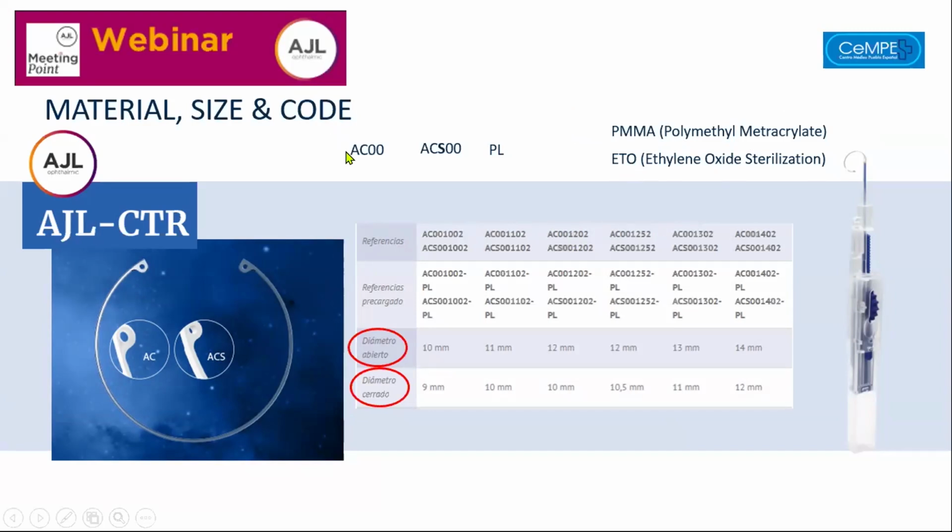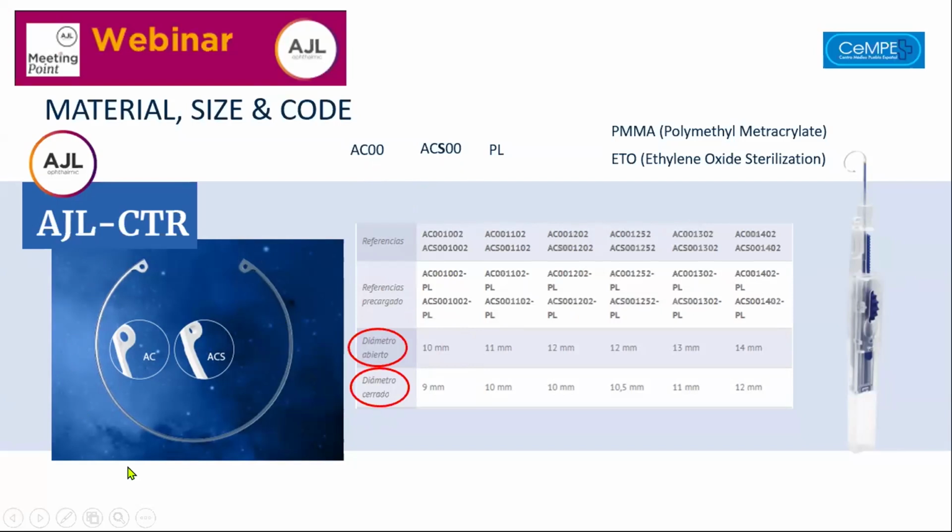For the models, you will find the AC00 and the ACS, the S for square 00. And then it's the number 1002, 1102, 1202, 1302, 1402. This means the diameter in millimeters and the 2 millimeters reduction that offers the closed diameter, because this is the open diameter.